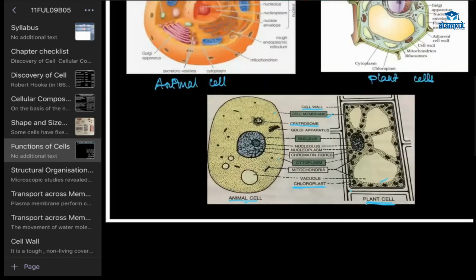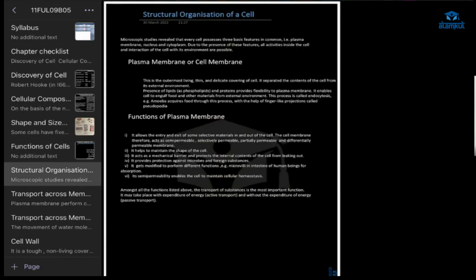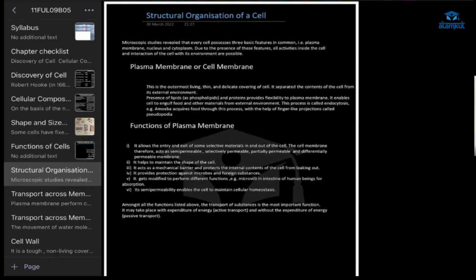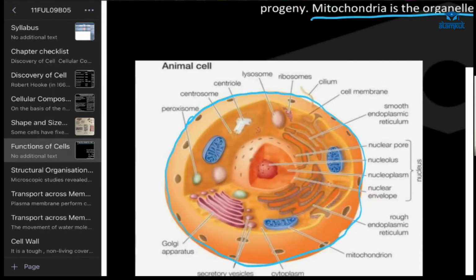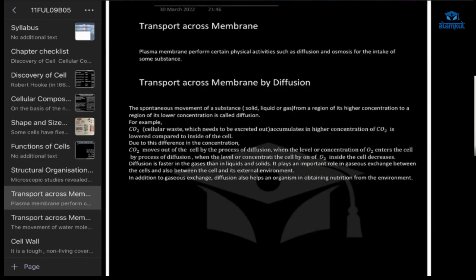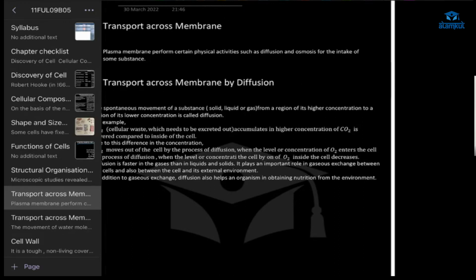Now we talk about the plasma membrane. It is the outer layer of the cell. Here transport occurs, mainly by diffusion. What is diffusion? Diffusion is the movement of substances from high concentration to lower concentration.